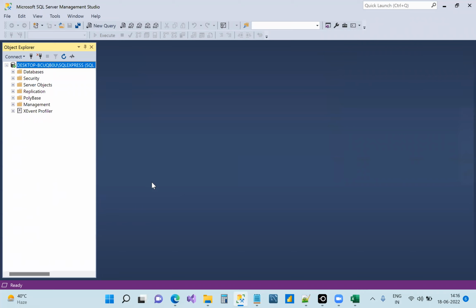Always remember in SQL, you cannot do anything without databases. That's the reason I first gave you a brief about databases and all the words related to them. If you come over here, this is how your user interface is going to look initially. Over here in the Object Explorer, you will have something called Databases.